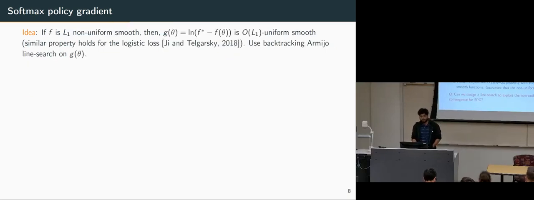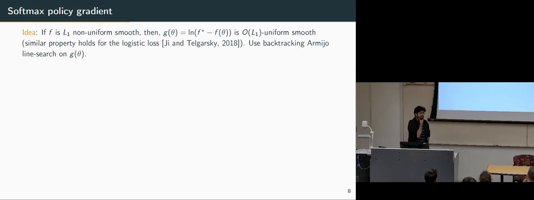The idea is that in our case, this f is L1 non-uniform smooth, and the alternate function g of theta, which is the log of the suboptimality, f star minus f theta, is order L1 uniform smooth. So if I make this g of theta converge at a 1 over t rate, this is going to converge exponentially fast. That's the basic idea.